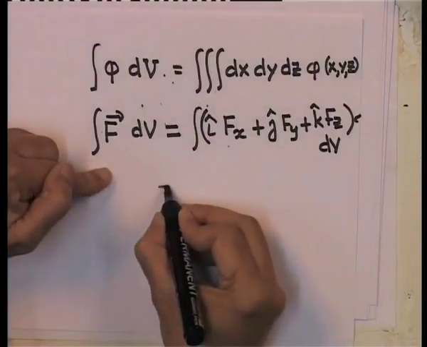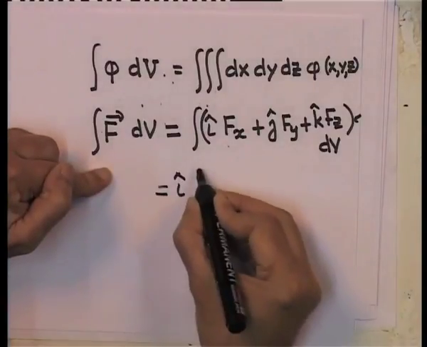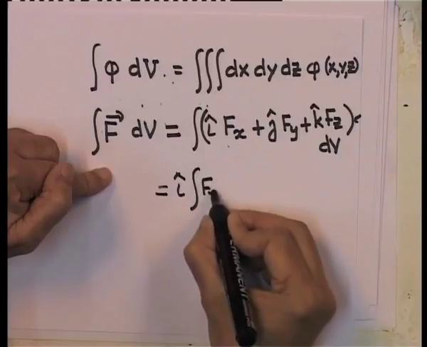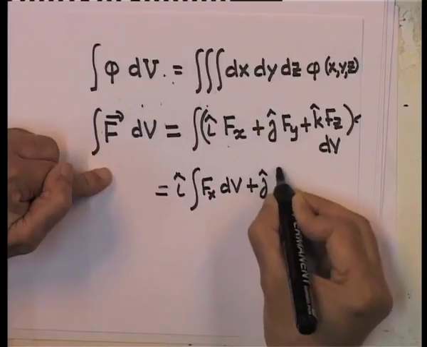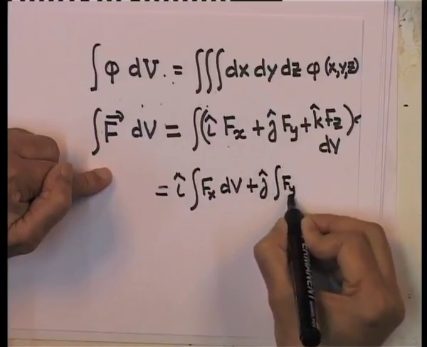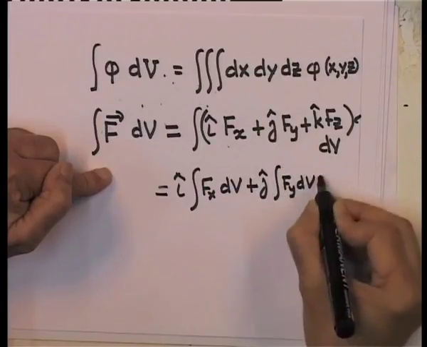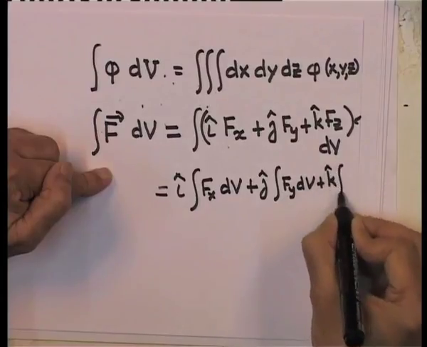So, this is nothing but i times the integral of F_x dV. Now, remember F_x is a scalar function, plus j F_y dV plus k F_z dV.